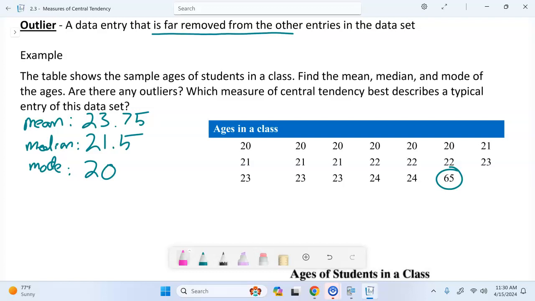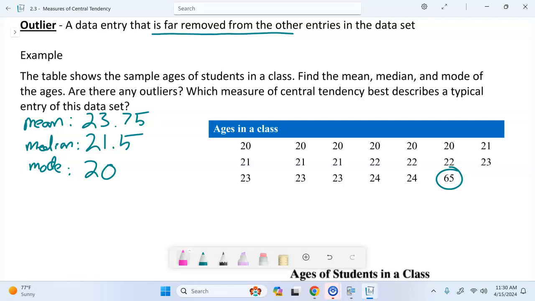We already discussed that. Tell me why mode is our best measure of center.